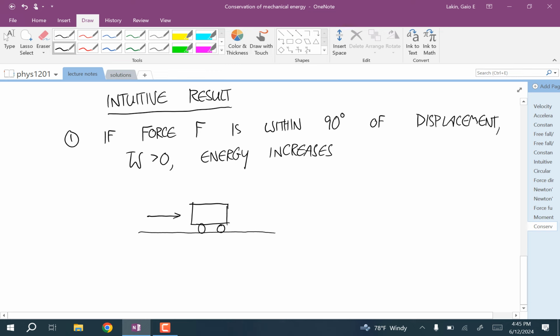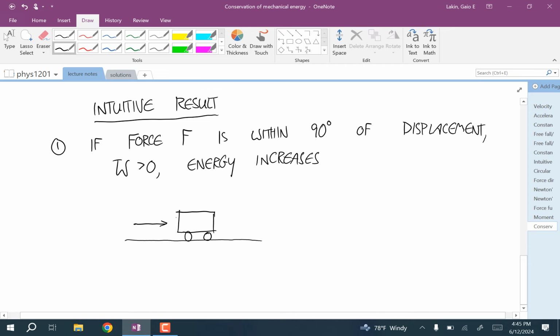Well, an example of a force that's within 90 degrees of the direction of that displacement would be like, okay, what if we applied a force like this to the object? If we put those two tail to tail and used a protractor to measure them, you'd get an angle of less than 90 degrees. And you can sort of see why that is.